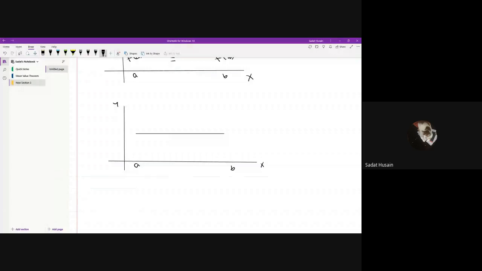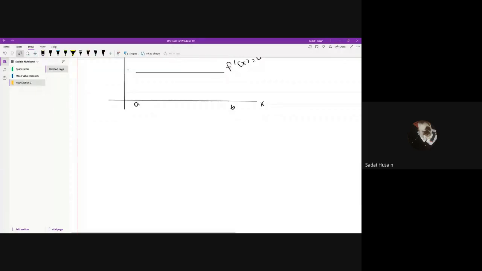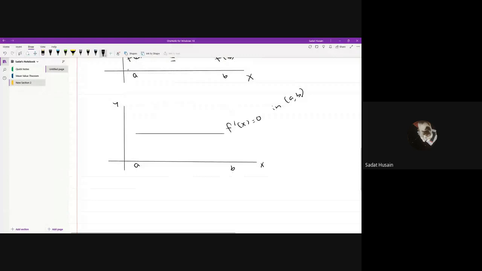So the path could be a straight line. So f prime x is 0 everywhere, right? So every point is your c. Or your path could be some curve that looks like this, right?